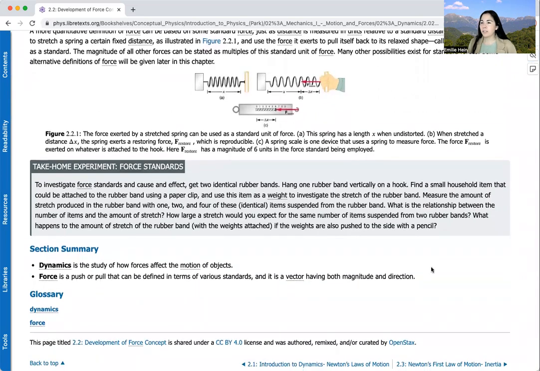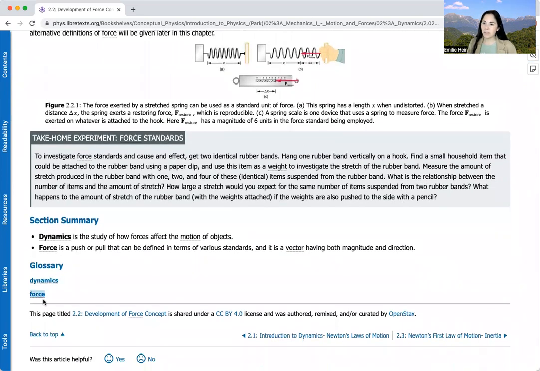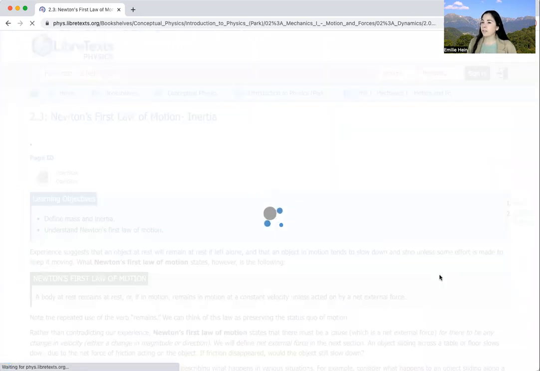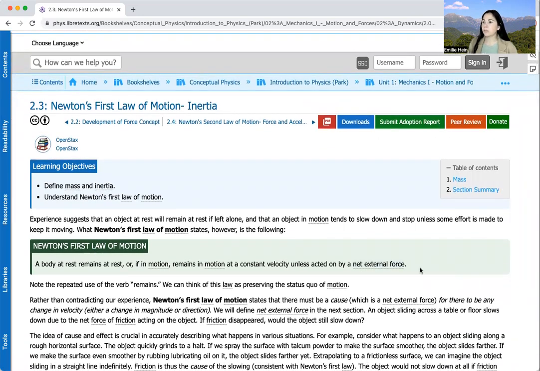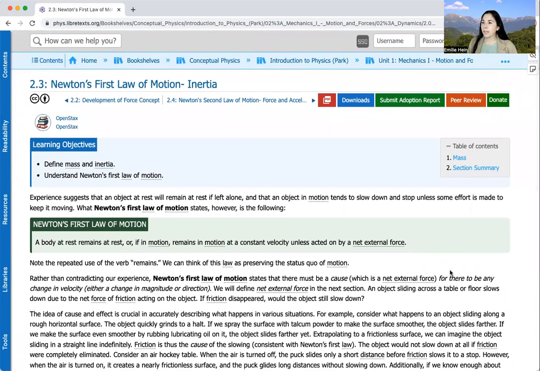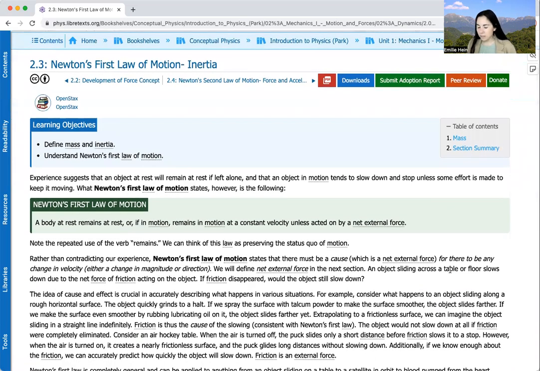You have the summary with the glossary that has the definition. And then we go over each one of the laws. So first law, and you're given the definition in words. And so these laws are extremely important. They will show up regularly as we go over the rest of the chapters. You'll see that we'll be introducing new forces.